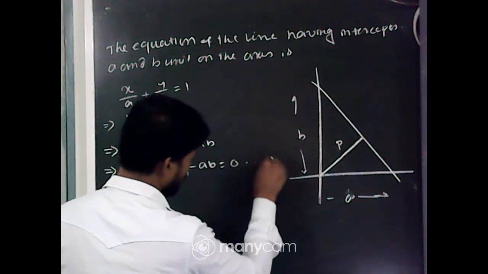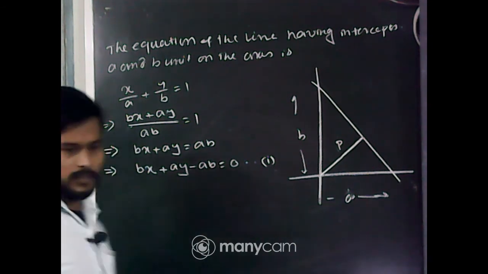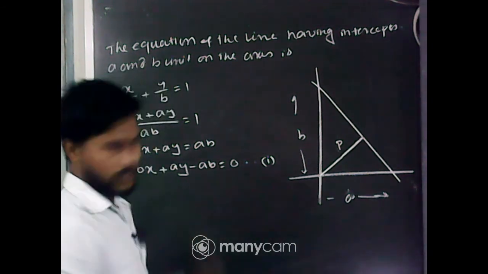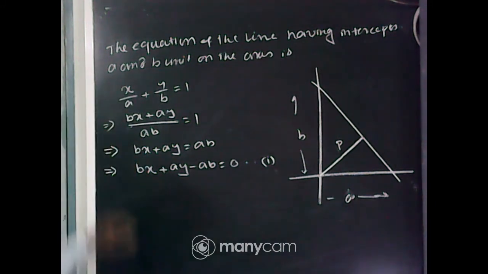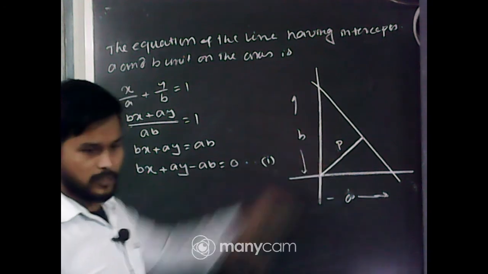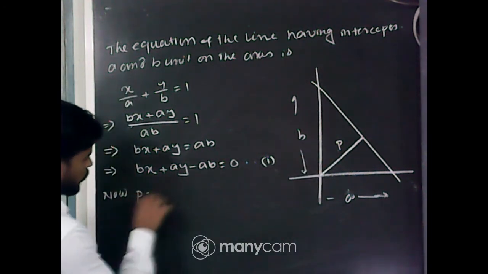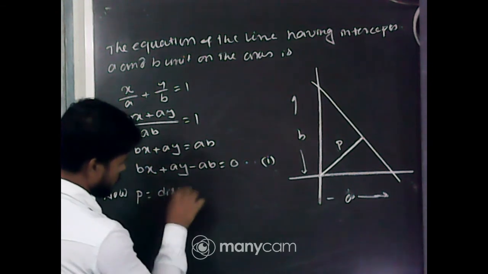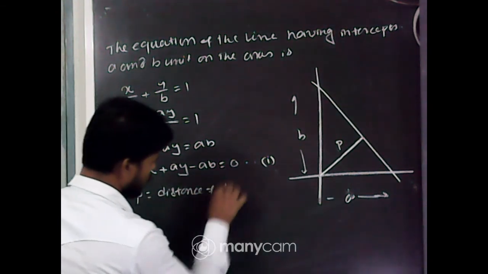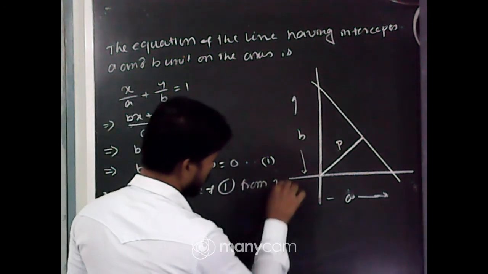This is our equation number 1. This form is called the general form, standard form of a straight line. Now the distance of this straight line from the origin is given as P. Now P equals the distance of equation number 1 from the origin.